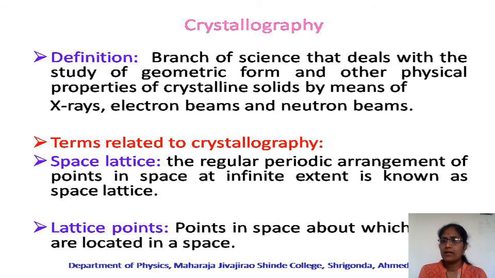It means that there is a regular periodic arrangement of atoms in three-dimensional space, and the environment about each atom will remain the same. Such an arrangement of points is called a space lattice.